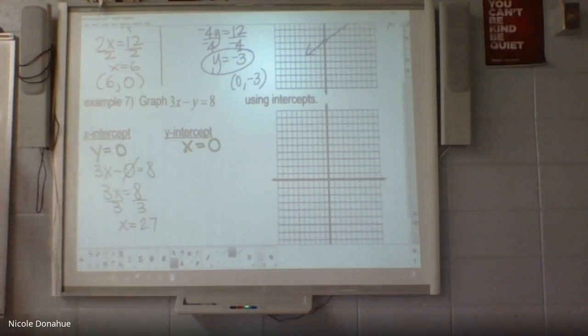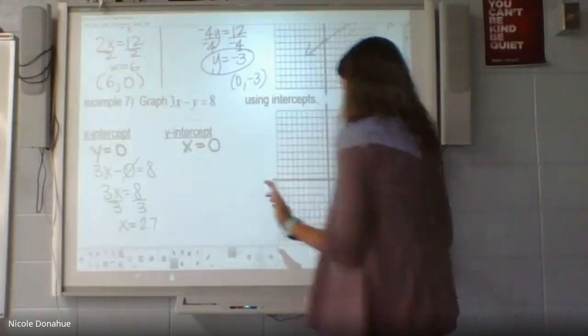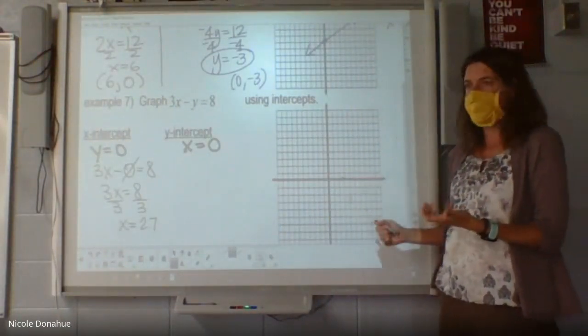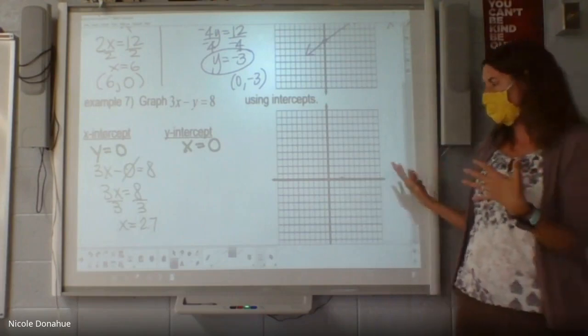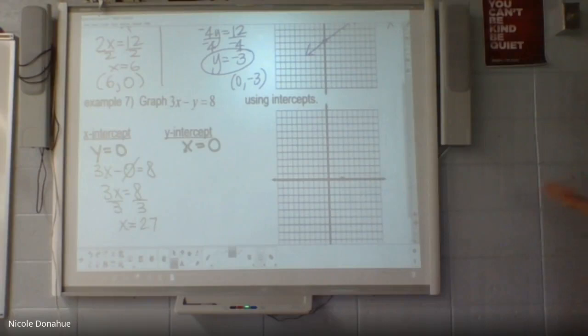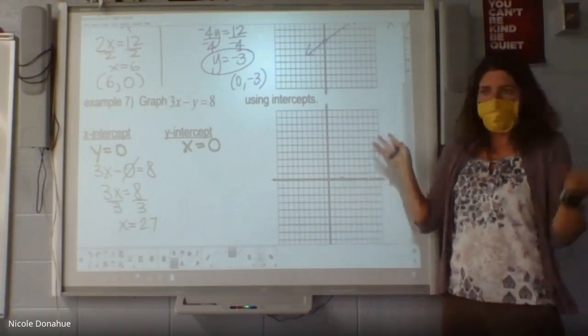On my graph paper, it's really hard to tell where 2.7 is versus 2.6 versus 2.8. I'm just coloring basically the space between the 2 and the 3. It's not very accurate, and that's okay. So about 2.7-ish.